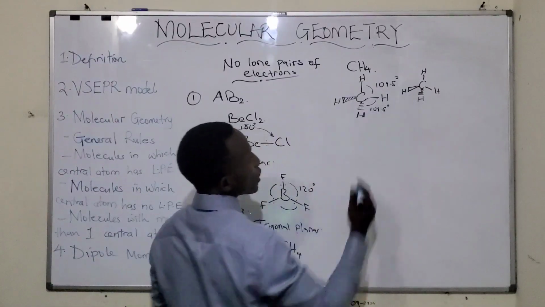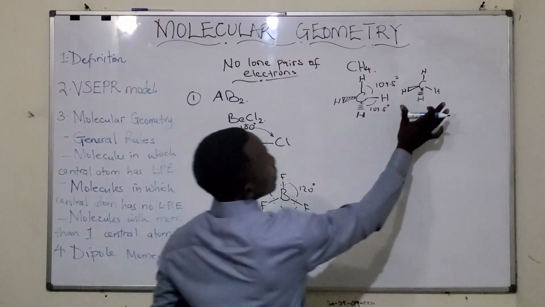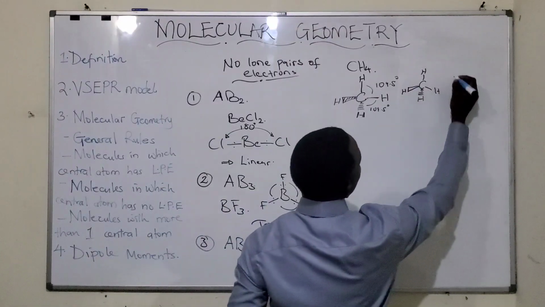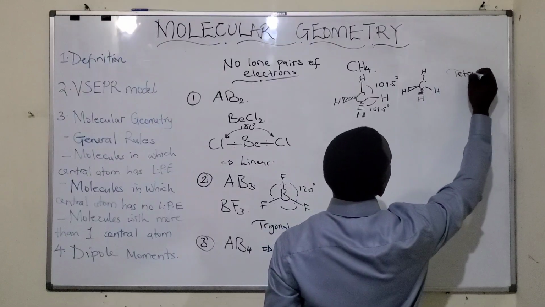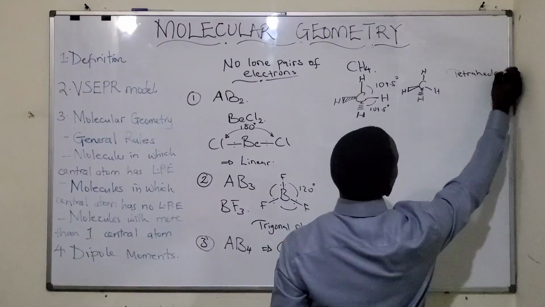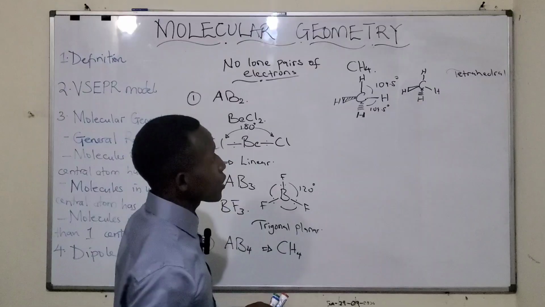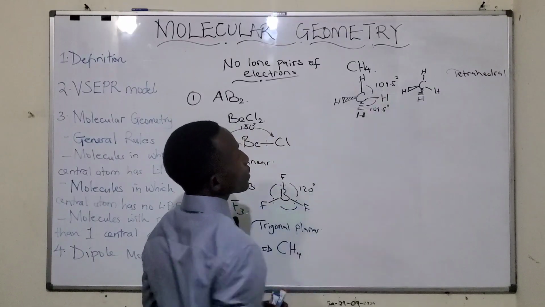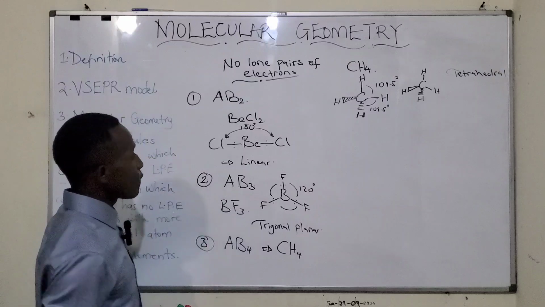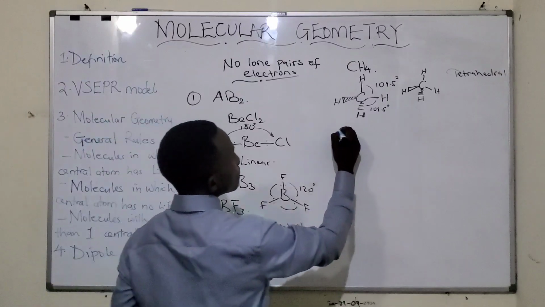All these angles, they are at 109.5. So this structure is known as the tetrahedral. The angle is 109.5.